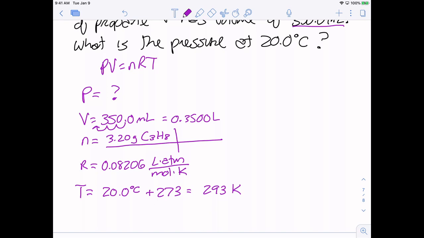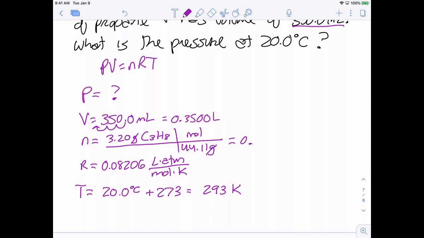So 3 carbons and 8 hydrogens, I'm just figuring it out on my calculator here, I get 44 grams per mole. And because I had grams on top, I need to divide by that molar mass. My units need to be opposite to cancel. So 3.2 divided by that molar mass will give me the number of moles.